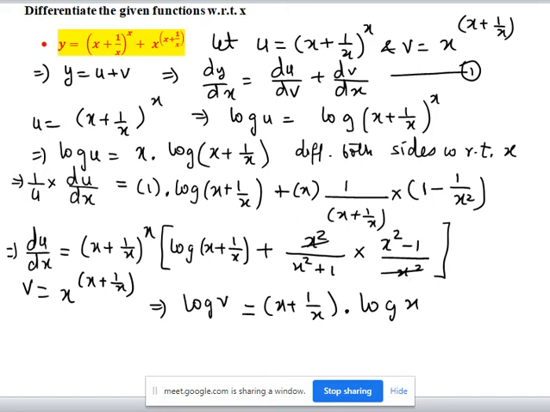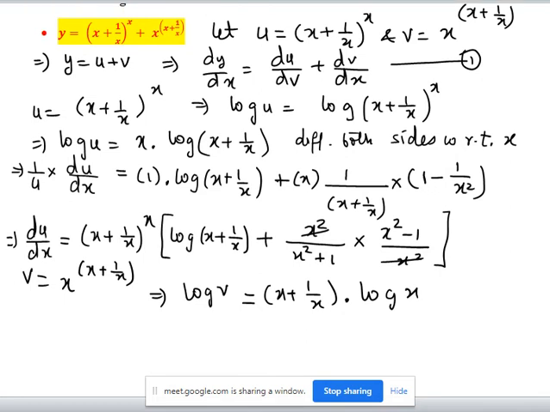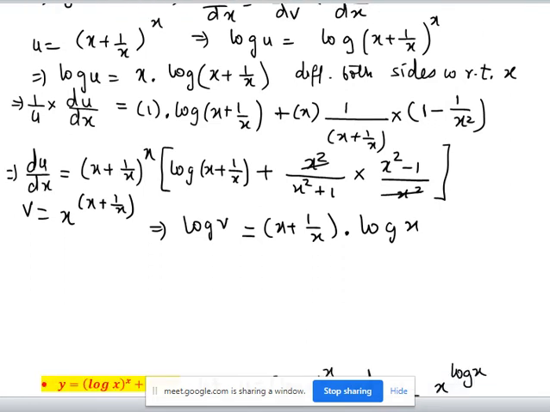On the right hand side again we will be using the product rule. Okay, let us see what we get. The derivative of log v will be 1 over v dv over dx. And on the right hand side, if I keep x plus 1 over x as it is, the derivative of log x will be 1 over x.